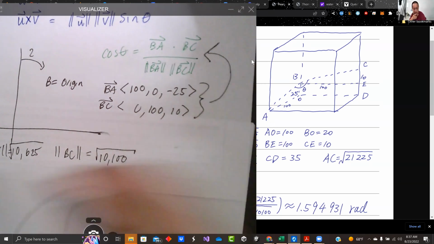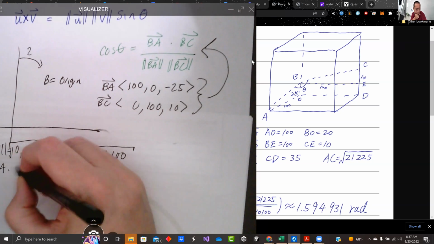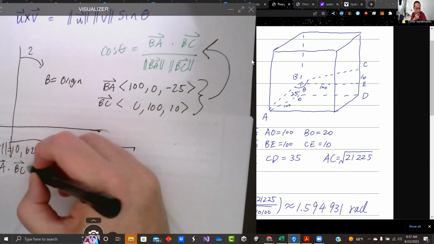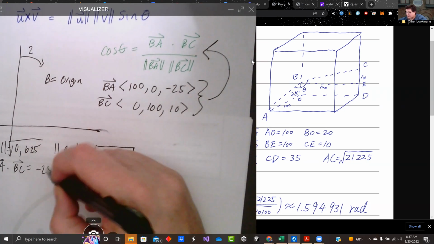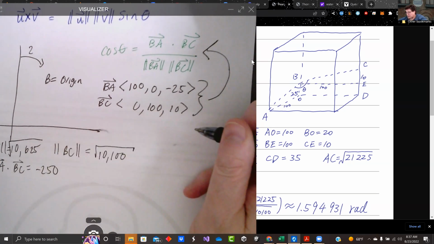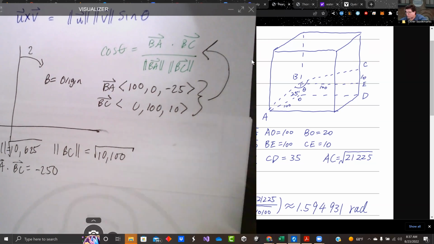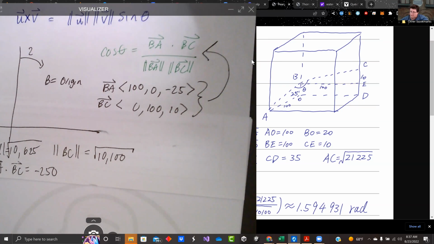So what's BA dot BC? X is 0, Y is 0, and we've got negative 250, right? Yeah. So I'm going to take 10,625 times 10,100, take the square root, and divide negative 250 by that answer.